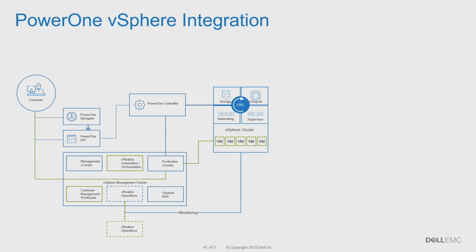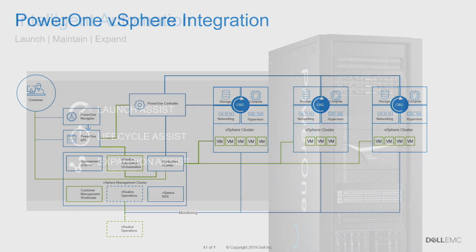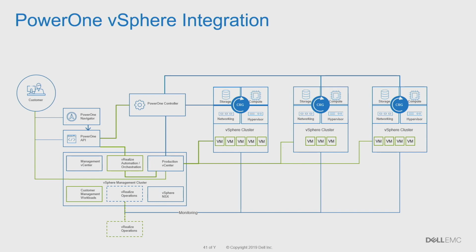Now, the customer is then free to consume that as they would in any traditional VMware environment, deploying virtual machines. Again, we monitor and we assess the continual state of that and whether we're deleting clusters and CRGs. So the point is, this gives you this repetitive consumption model of a CRG by carving up the infrastructure.